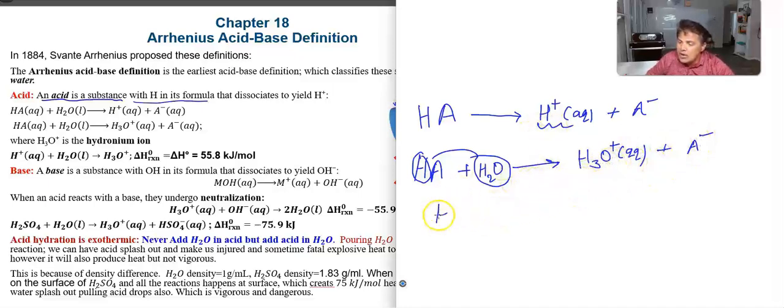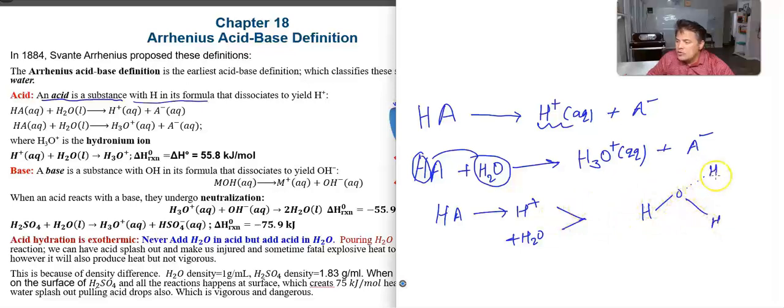HA gives the H plus, and there is abundant water, H2O, so the H plus attaches to it, HOH with another H here. Overall this is positively charged, and this kind of ion is said to be hydronium, but it is basically the H plus ion, the hydrogen ion. Hydrogen ion in water is said to be the hydronium ion. It reacts with water and temporarily makes a complex, H3O plus.